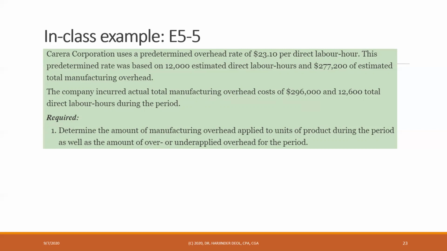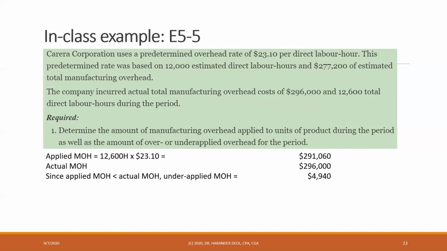So how much is the manufacturing overhead applied? To get that, we would multiply the actual hours, 12,600, times the predetermined rate of $23.10 to get $291,060. The actual manufacturing overhead is $296,000, given. When we compare the two, we can see that the company has actually under-applied manufacturing overhead by $4,940.